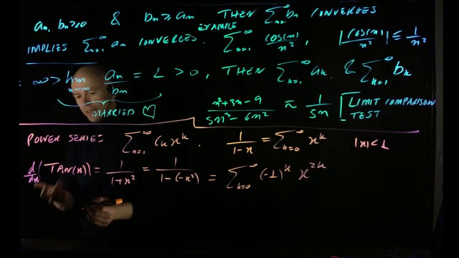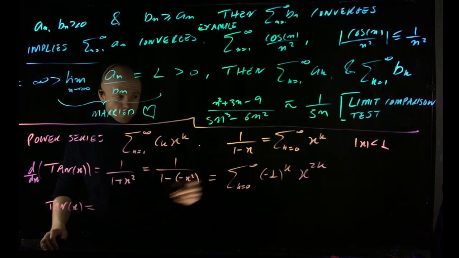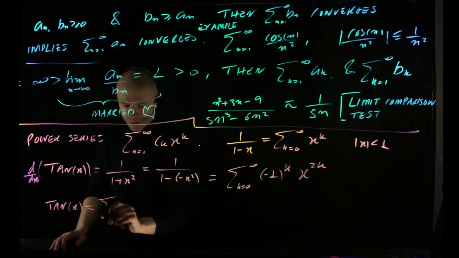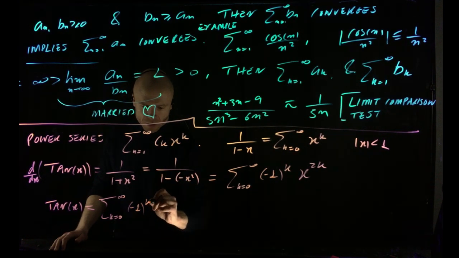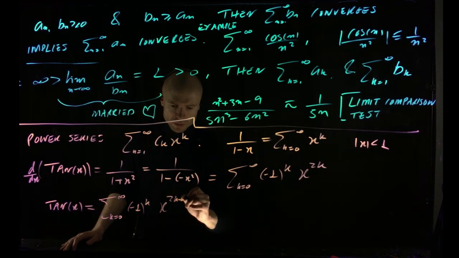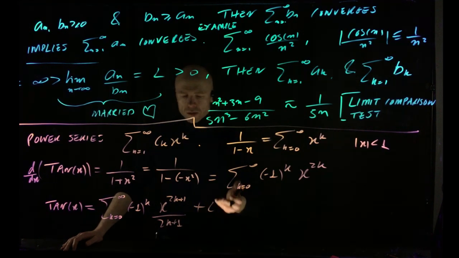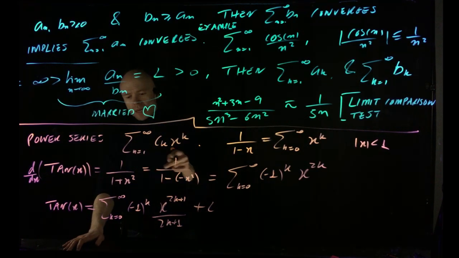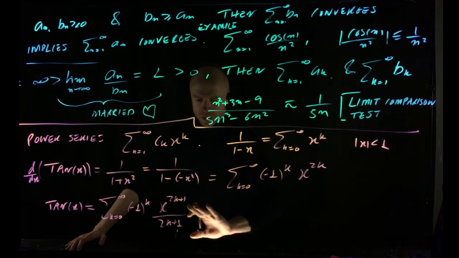So if we take the antiderivative on both sides, we have tan of x is equal to what happens when we integrate this thing term by term, k equals 0 to infinity, minus 1 to the k, x to the 2k plus 1 over 2k plus 1, and we might get a constant, well, we will get a constant c, but in this particular case, when we set x equals 0, tan of 0 is 0, so there's no constant c, so get rid of it.